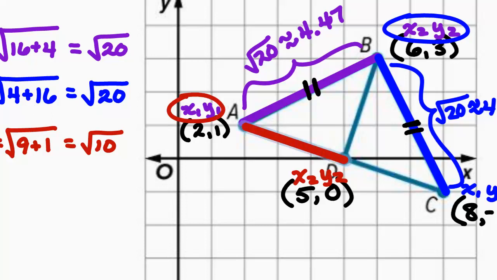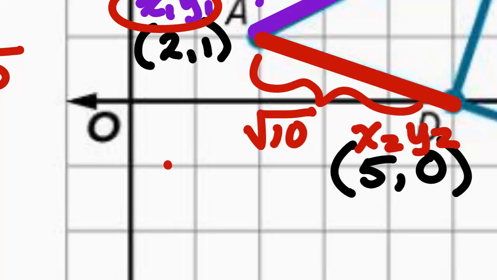So this line segment right here is the square root of 10. I can get the decimal approximation for that by popping it into my calculator. The square root of 10 is about 3.16.